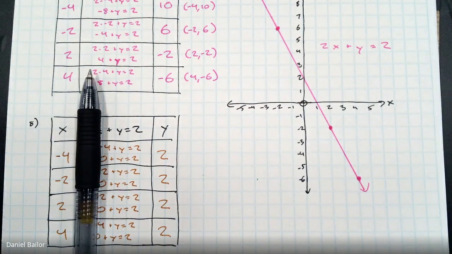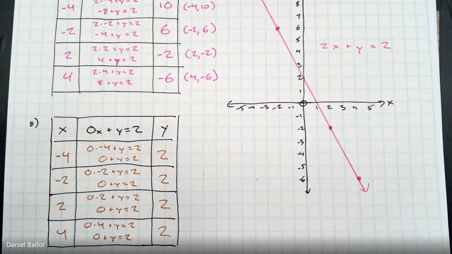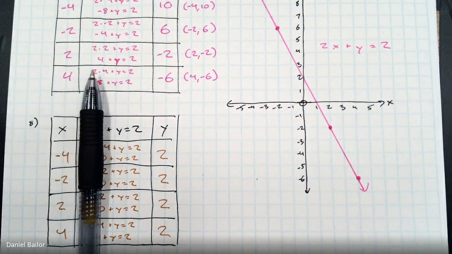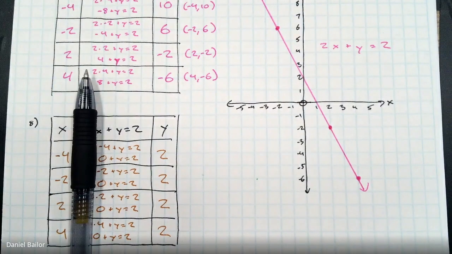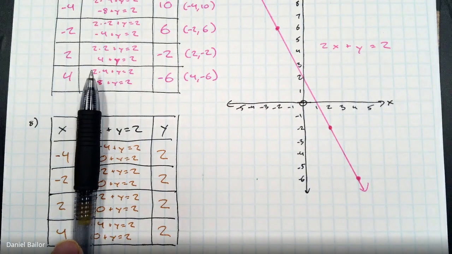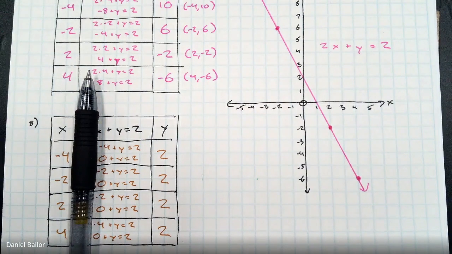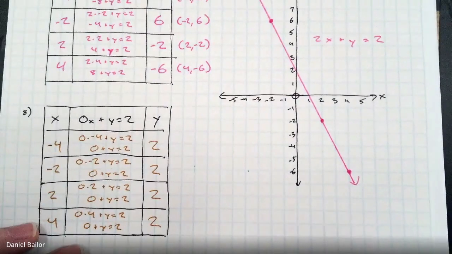When the y went away, we got a vertical line. What kind of line do you think we're going to get when the x goes away? If you're paying attention to the name of the lesson, you probably know. But let's graph this just to confirm.